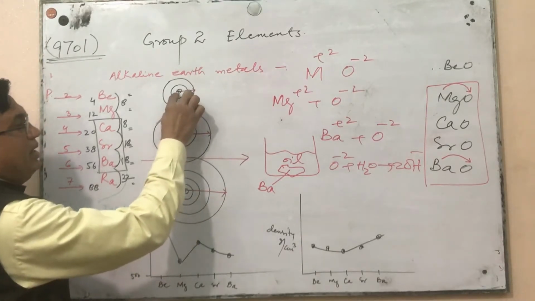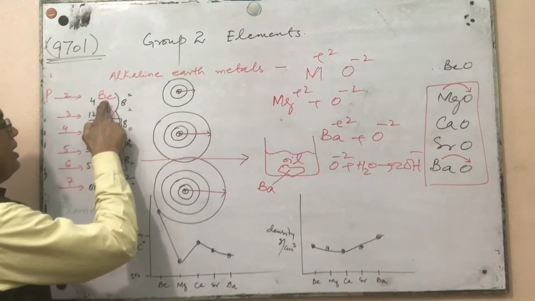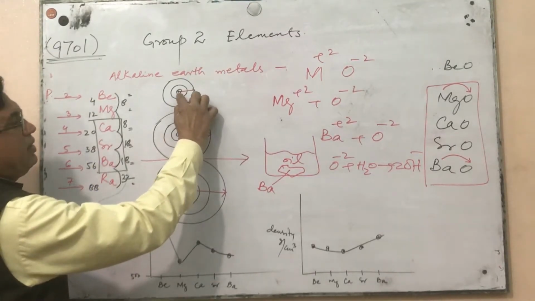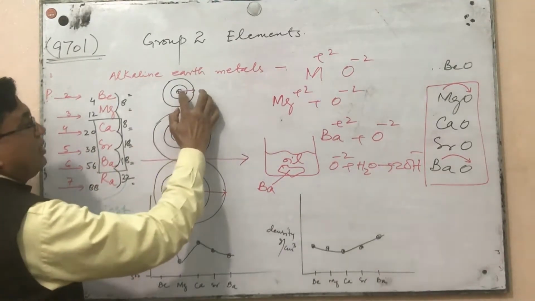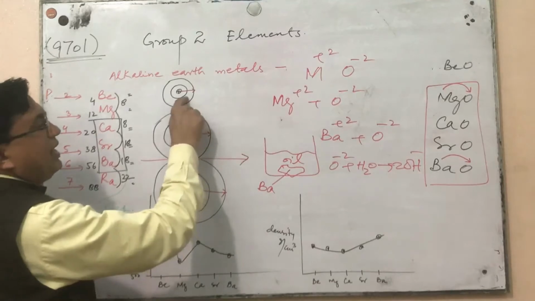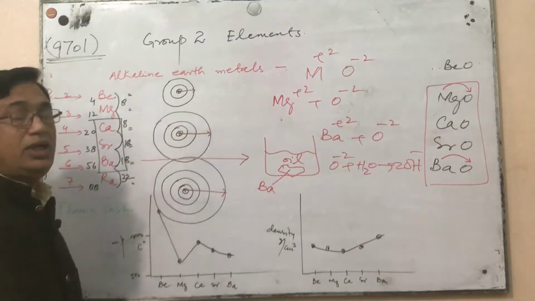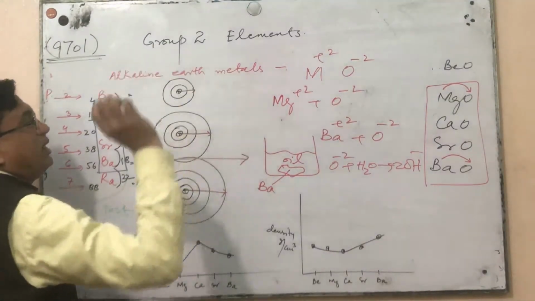In case of beryllium, only 4 protons are present and the second shell contains 2s electrons. That's why, due to the lesser shielding effect, the force of attraction of the nucleus on the outermost shell electron is much stronger. That's why the melting point is very high.